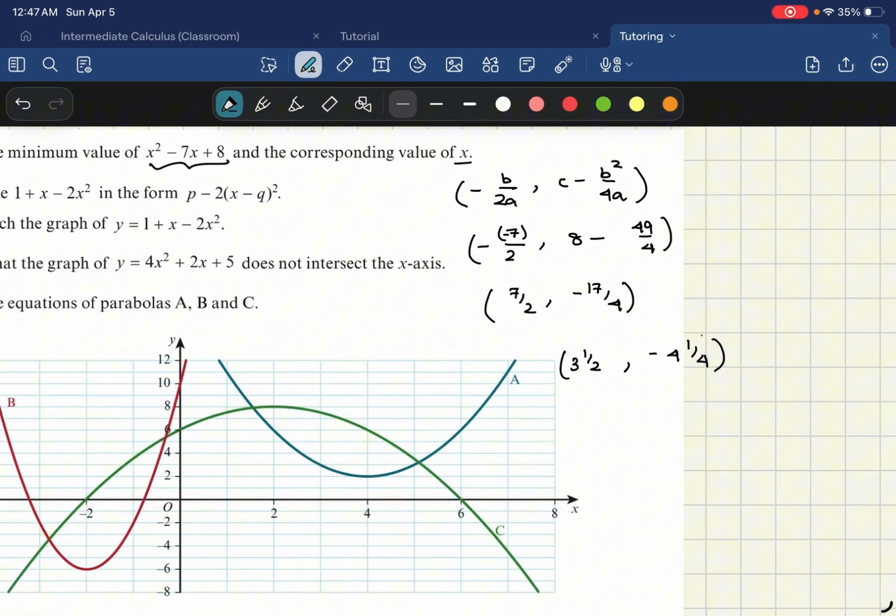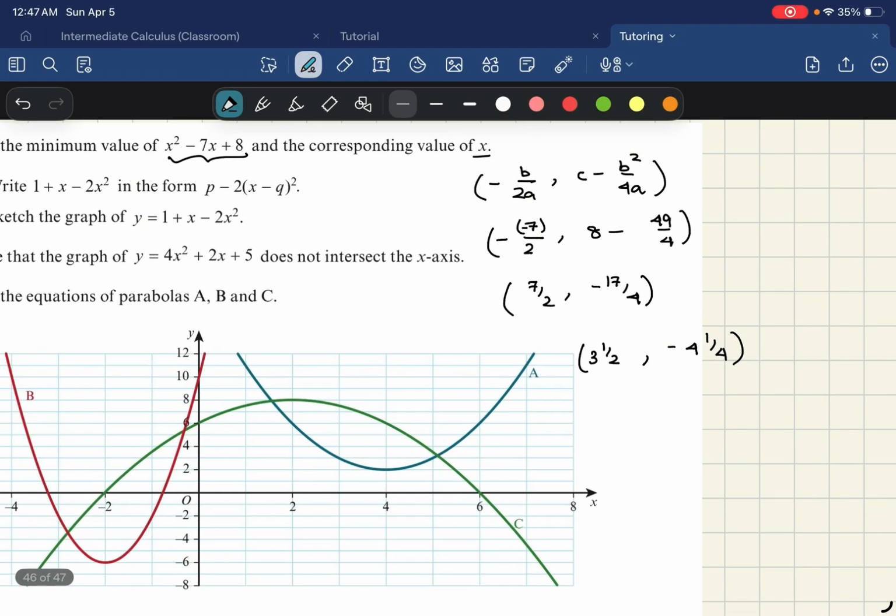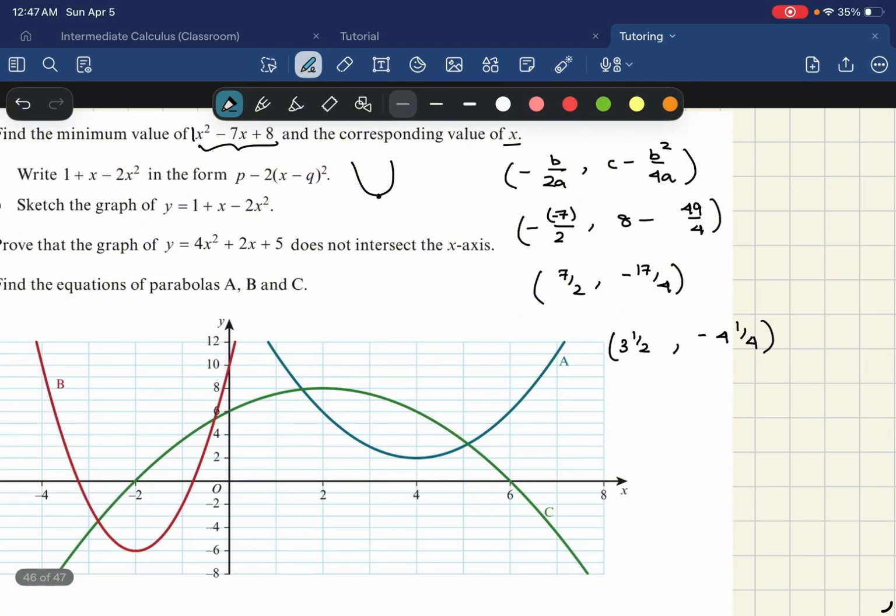So negative 17 by 4 can be written as negative 4 and 1 by 4. So this is concave up, right? Because the coefficient is positive, so we have a minimum point. And the minimum value of the function is the y coordinate. The y is your output. So this is your minimum value. All other y values are going to be higher than this.